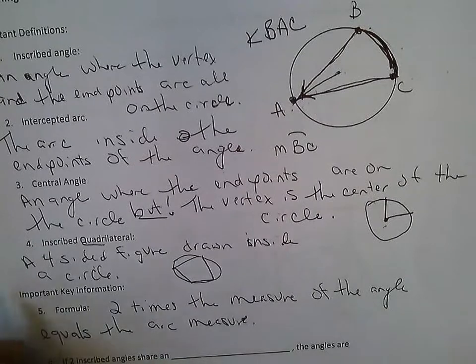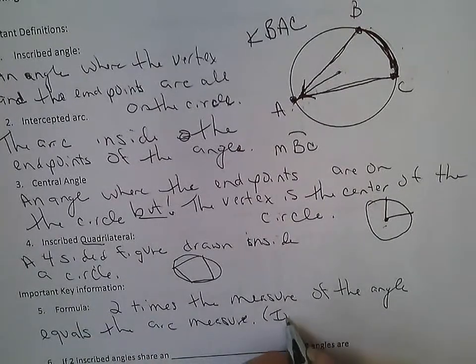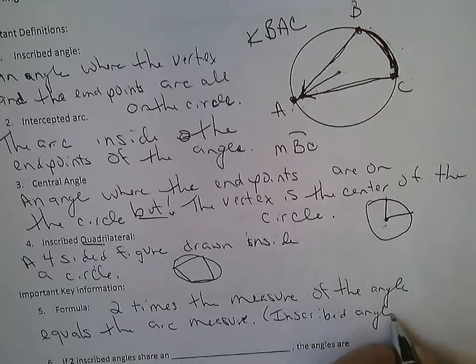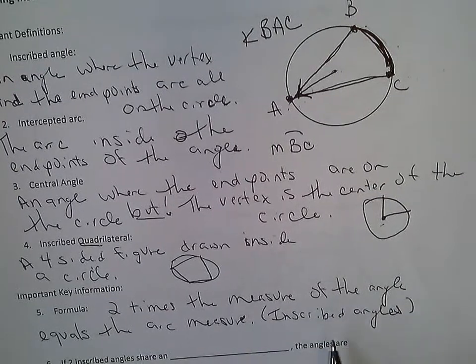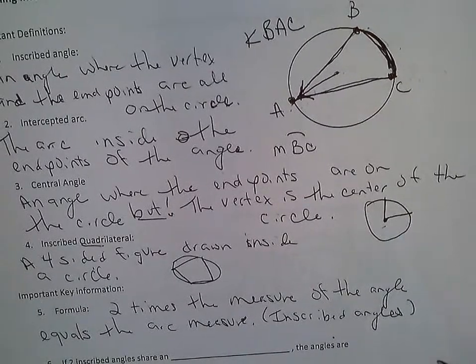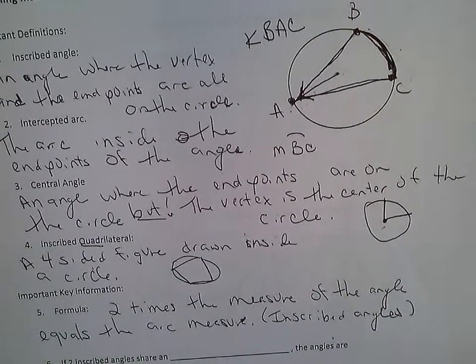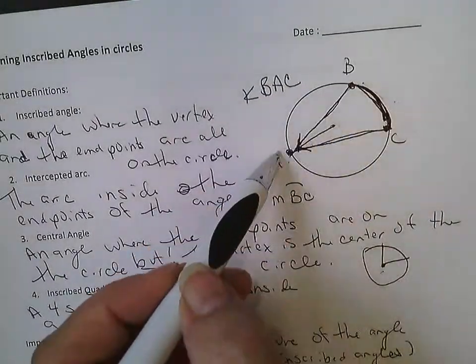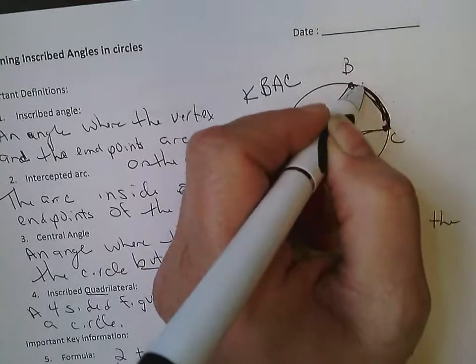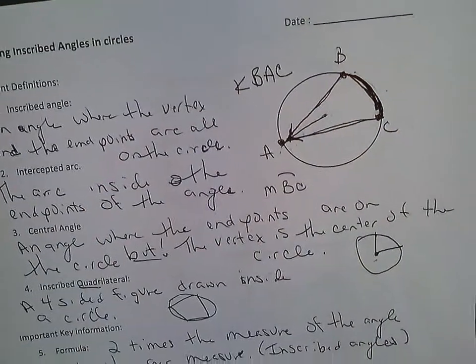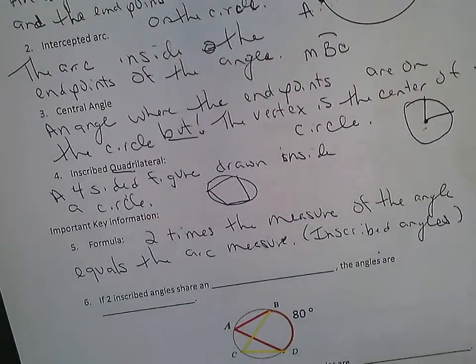Now this is for inscribed angles, and I want to be clear about that because we just talked about central angles. But central angles are information that gets us to the inscribed angles. Inscribed angles are where all 3 points are on the circle. So this arc measure is twice as big as our angle measure.